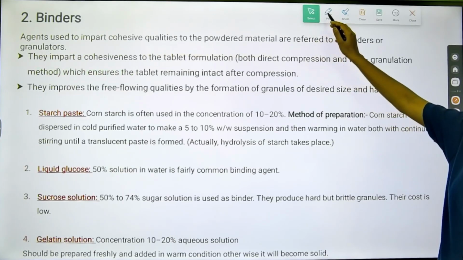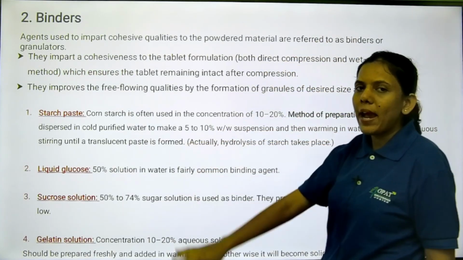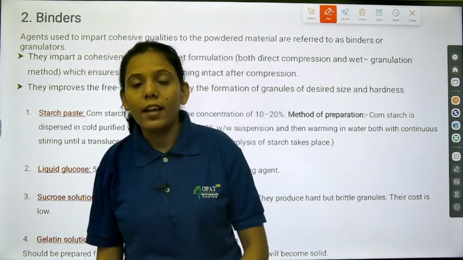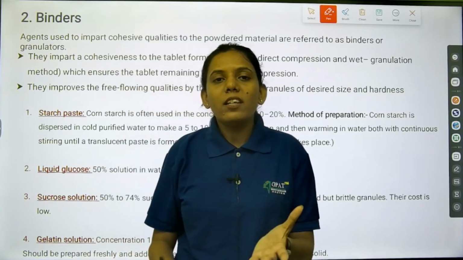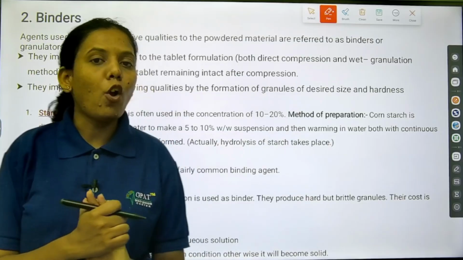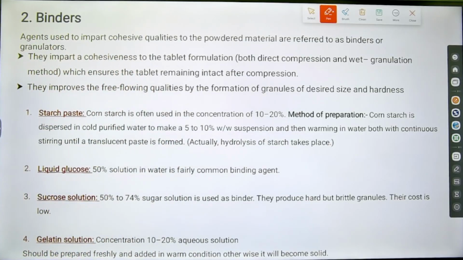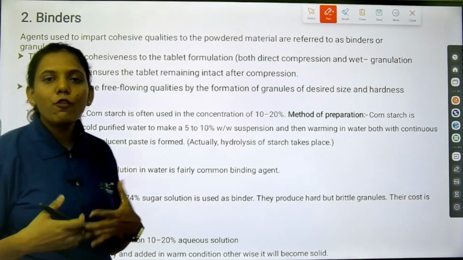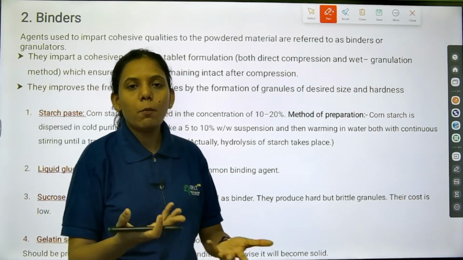Binders are similar to granulating agents. Binders also ensure that the materials are intact together even after compression. These are agents used to impart cohesive qualities. Cohesive means the force of attraction between similar molecules.